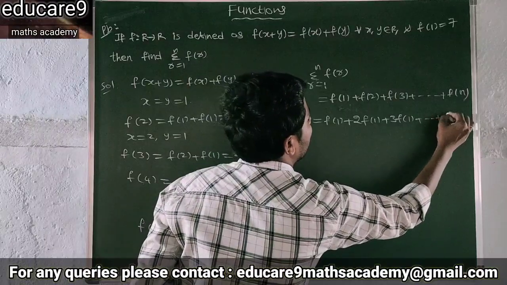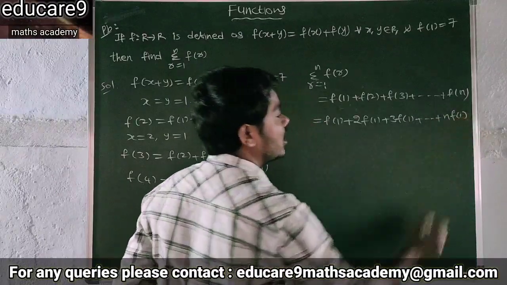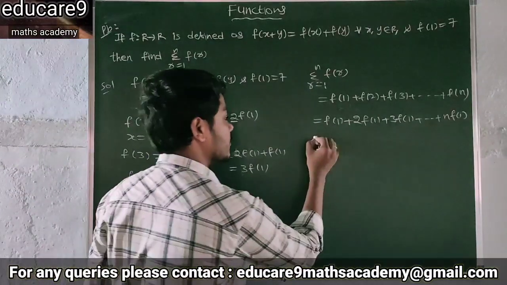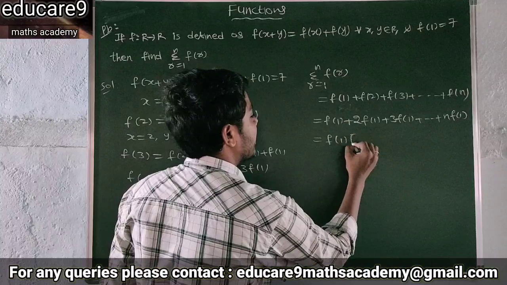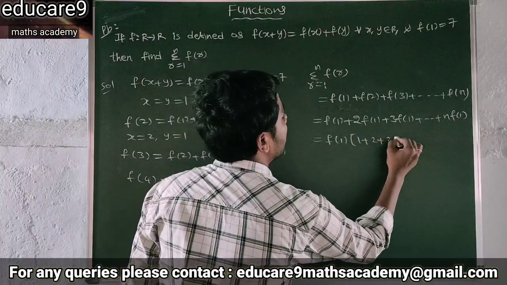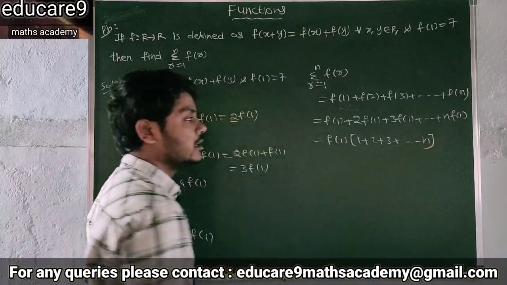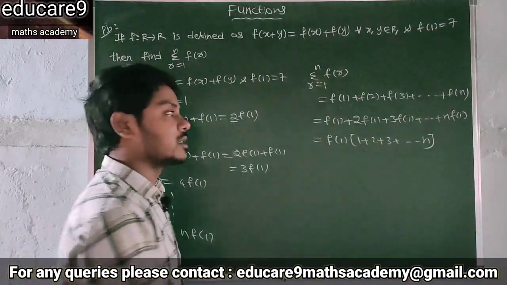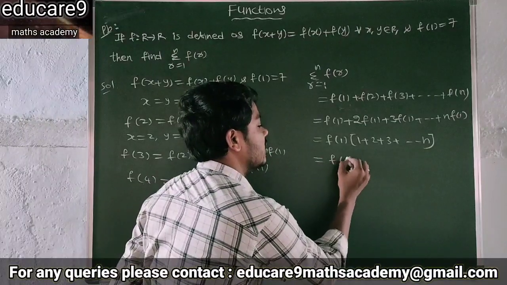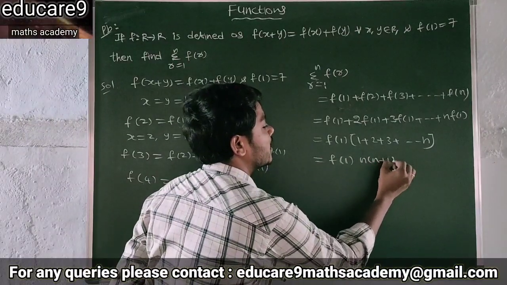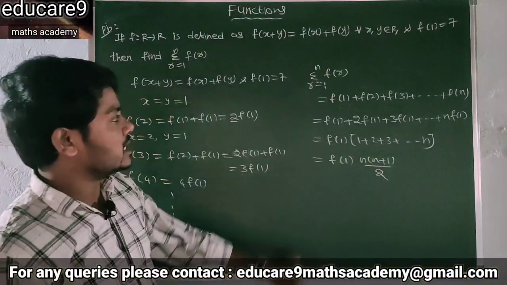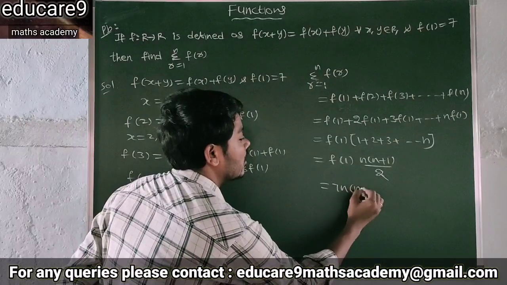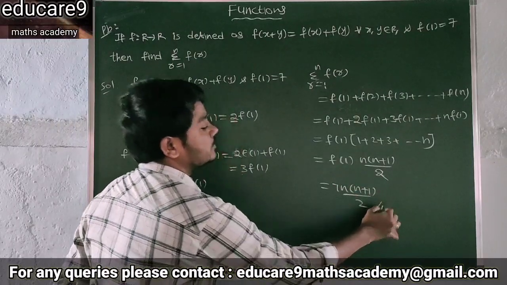And so on, f(n) is n f(1). So clearly in all terms, f(1) is common. So you get 1 + 2 + 3 and so on up to n. So clearly this is the sum of the n natural numbers. So you know that value is n(n+1)/2. But what is f(1)? 7. So this is 7n(n+1)/2.